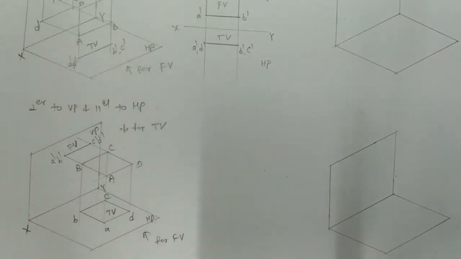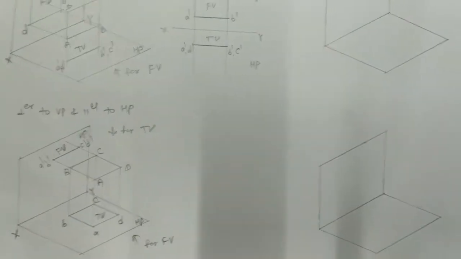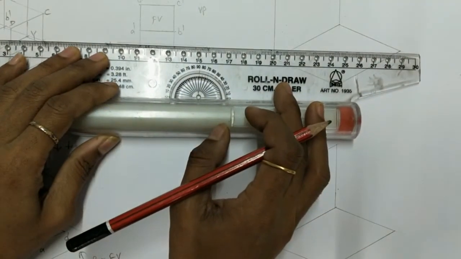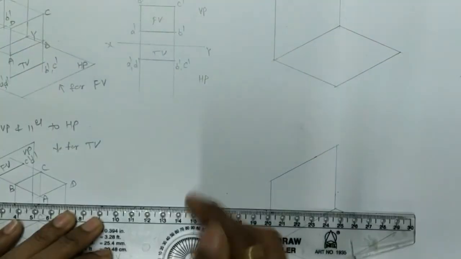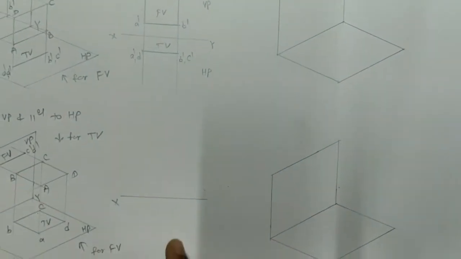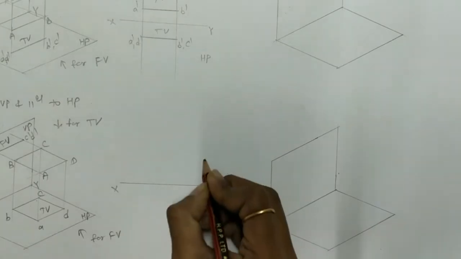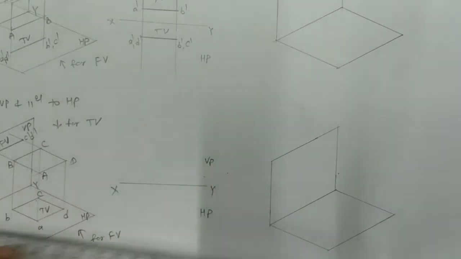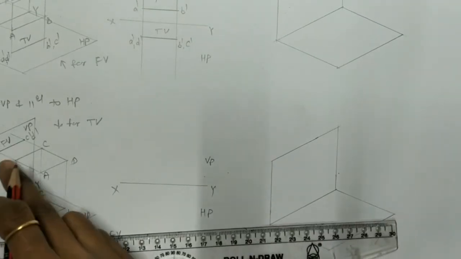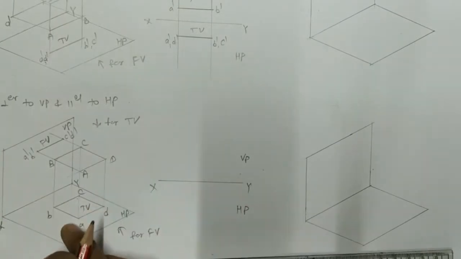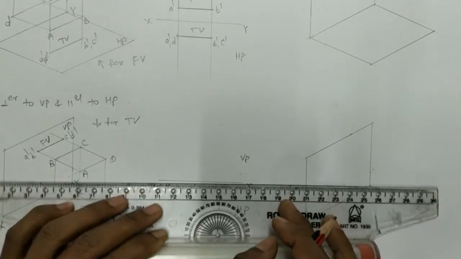Now we have drawn front view and top view. We will draw it in 2D presentation. So first of all, draw XY line. This is VP and this is HP. Now as we know, front view will appear like a line and top view is a rectangle.